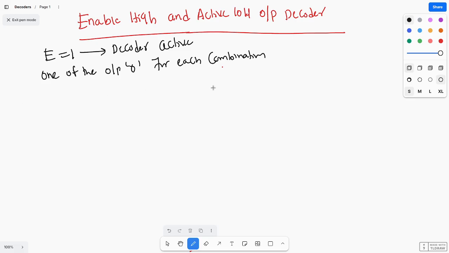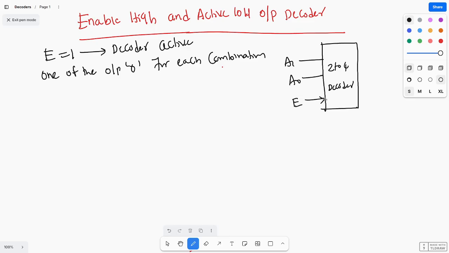So how will the block diagram look? This is a 2 to 4 decoder. Here you have the inputs A1 and A0, and the enable, which is active high, and the outputs y3, y2, y1 and y0, which are active low.